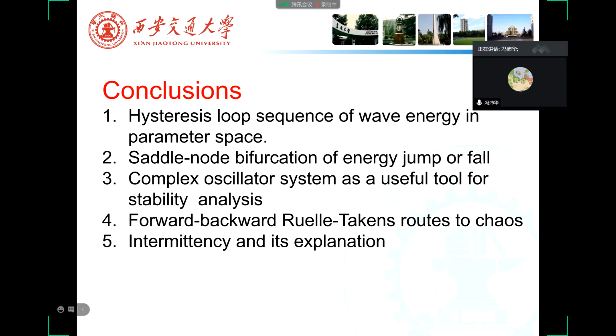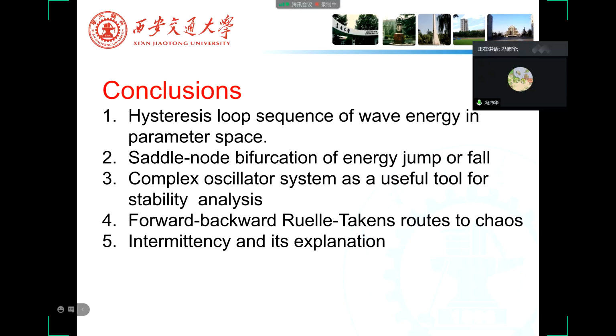And then we also use the complex oscillator system as a very powerful tool for stability analysis. Actually in this talk, we neglect the details of this process.